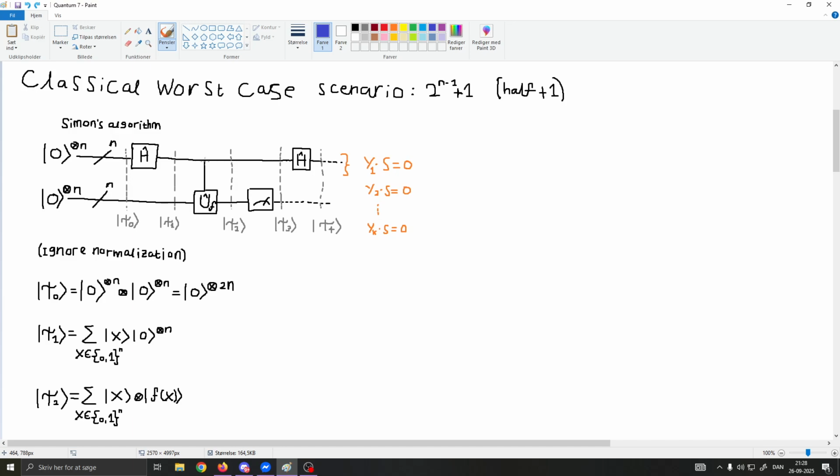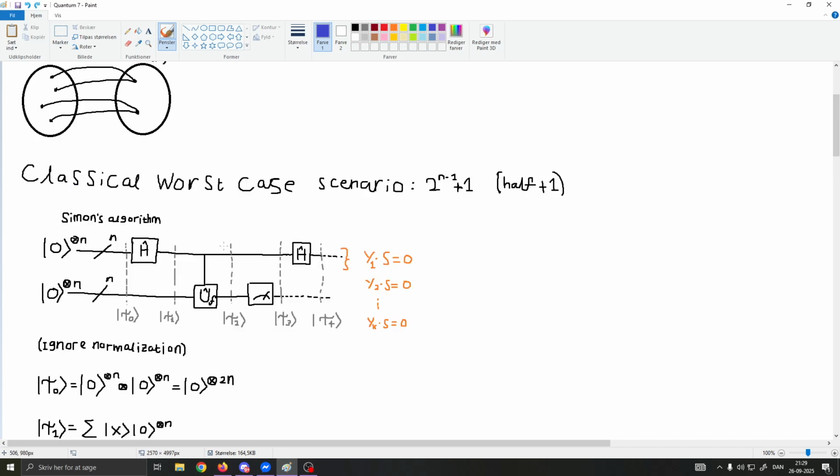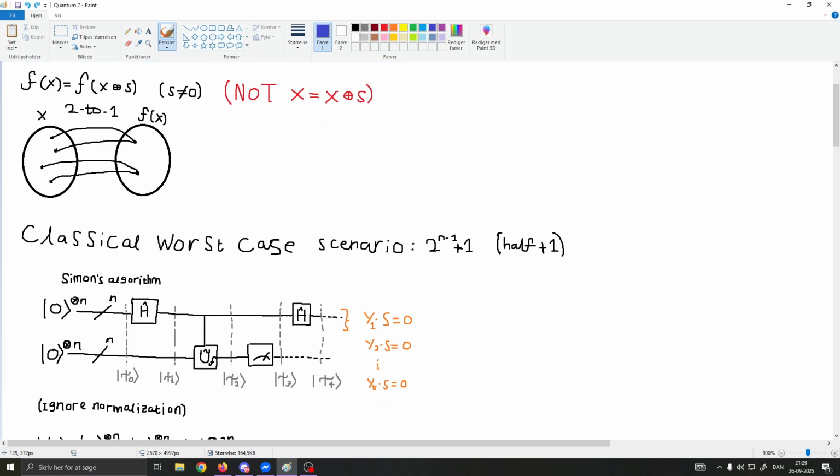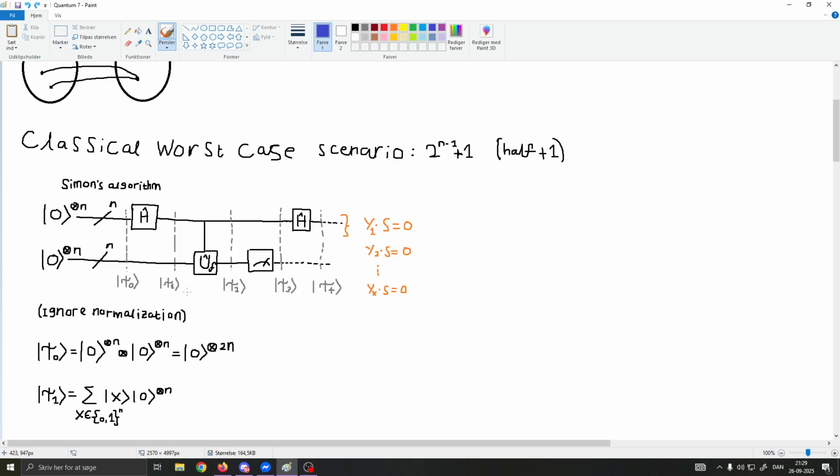Now, we then use this as an input to calculate the function f, basically taking this as an input and producing this output on the second register, which is the one down here.